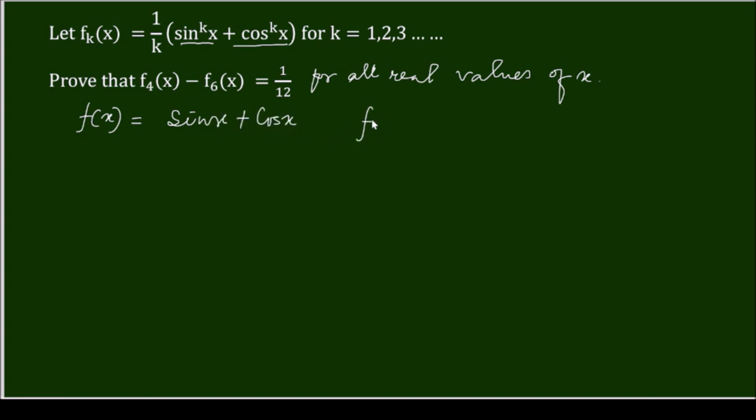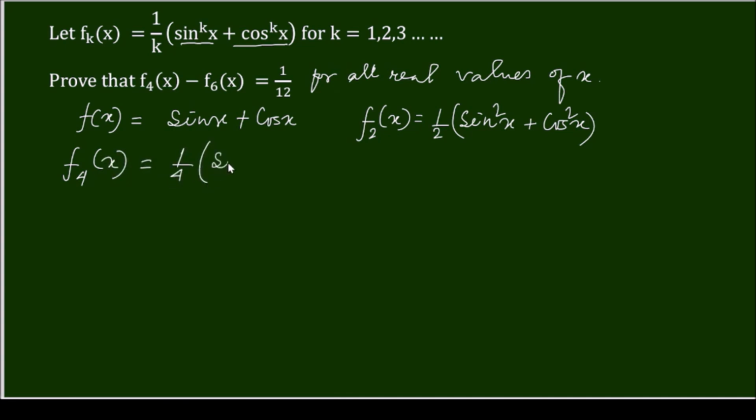If k is equal to 2, then f2 of x equals 1 by 2 into sin square x plus cos square x, and so on. So what is the meaning of f4 of x? That is the same as 1 by 4 sin power 4x plus cos power 4x.